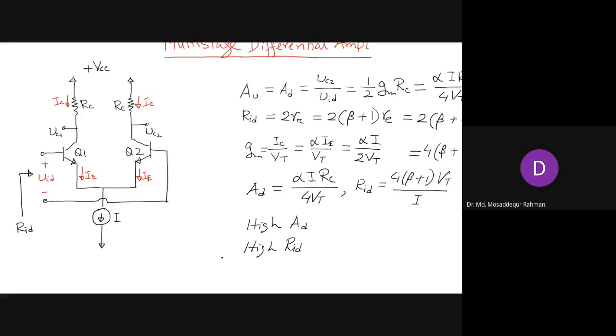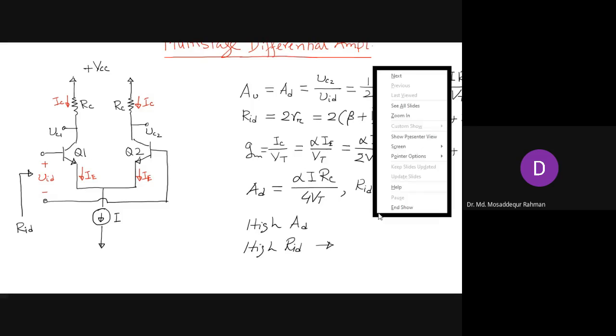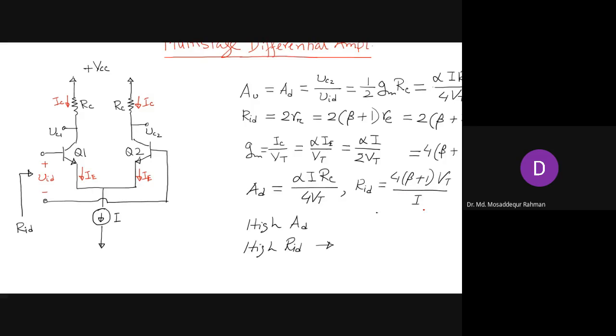But they are mutually conflicting because to increase the input resistance, we have only one variable here, that is this bias current I. We can vary this I, and we can vary the gain. For the gain we have another variable, that is RC, but for input resistance, we have only one variable, that is the current I.